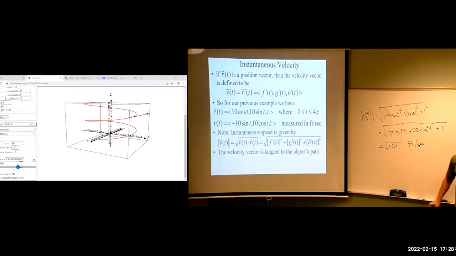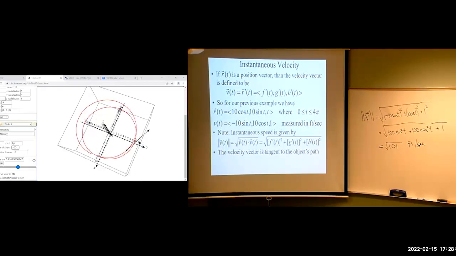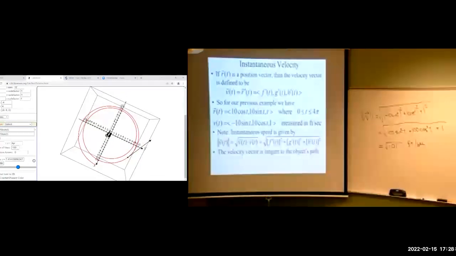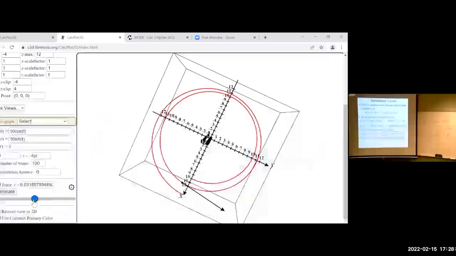So let's go back to CalcPlot 3D and make sense of this. All right, watch what's happening, and then you'll see it a little better if I look straight down this thing. What do you notice about the length of that velocity vector? It is not changing, right? Which is exactly what it means to have a constant magnitude, or in this case, a constant speed. But what is changing on that vector? Direction.